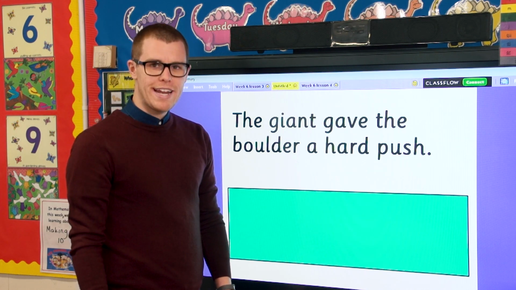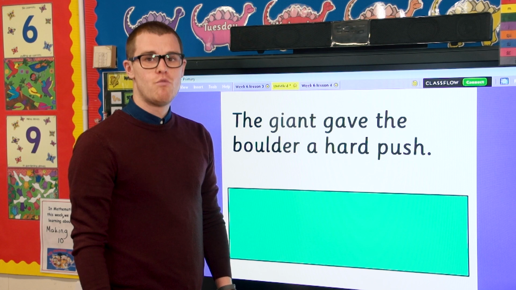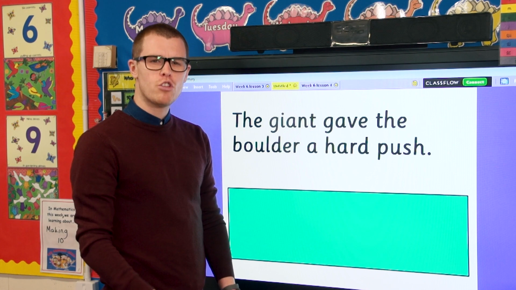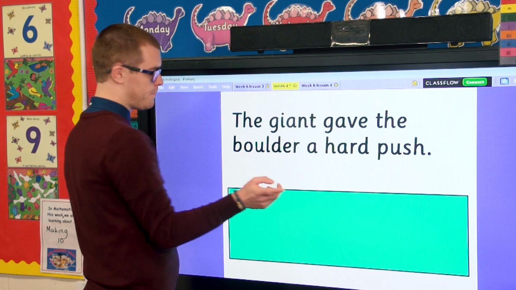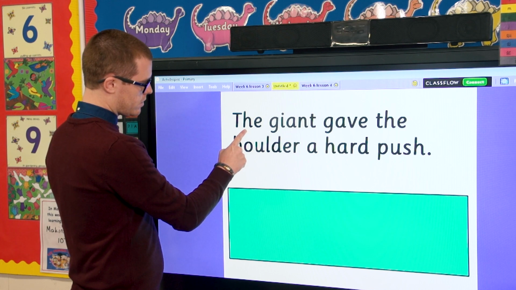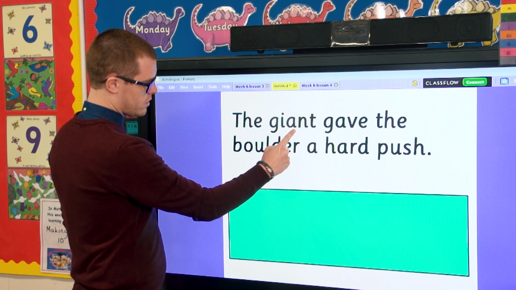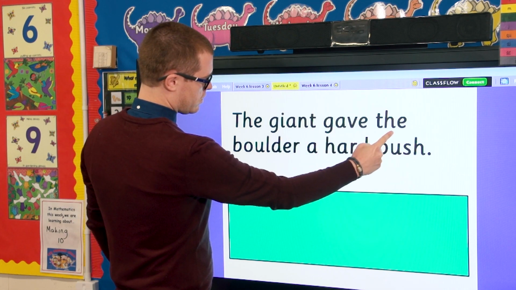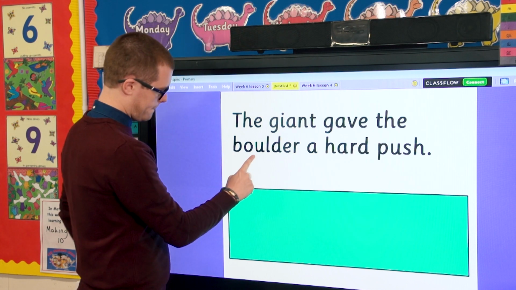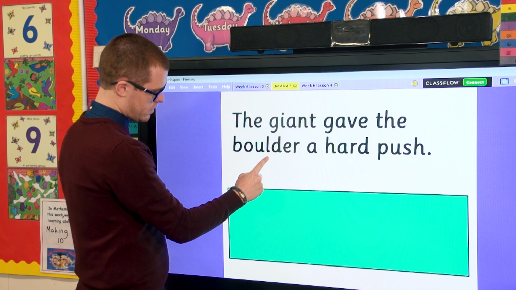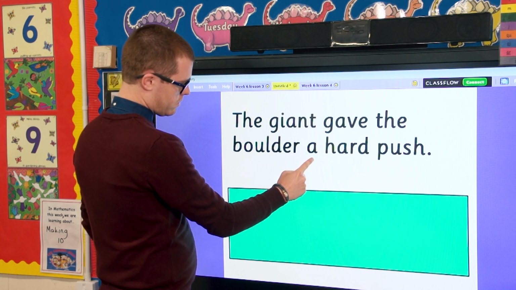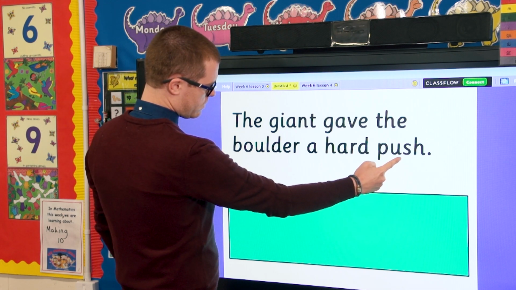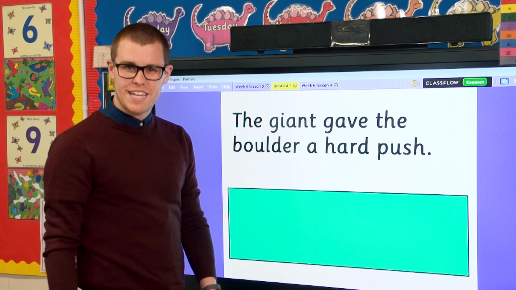Now I want you to read aloud as I point to the words. Remember, use your sounds to help you to read any words that you're not sure of. Are you ready? Fantastic!